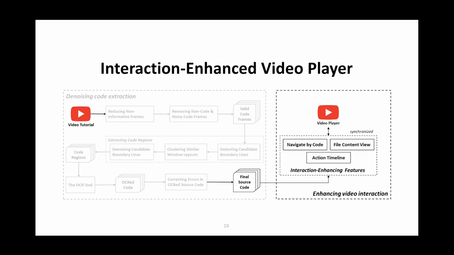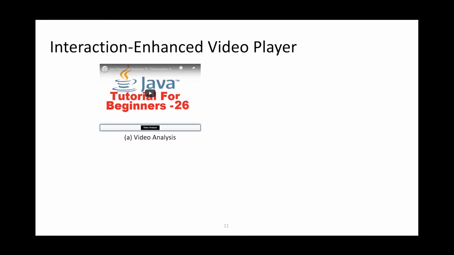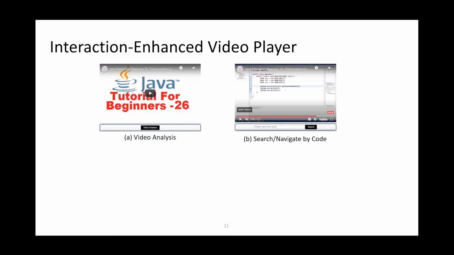By leveraging the accurately extracted code, our interaction-enhanced video player supports the following 4 features. Video analysis. FSE2Code can automatically extract the source code from any programming tutorial on the internet. Search navigate by code.